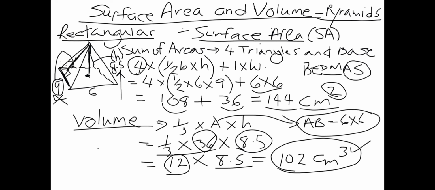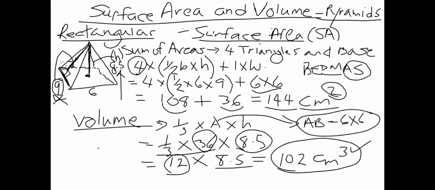You would find half the base times the height on the base, and then because you will only have 3 triangles in that case, you would use the formula half the base times the height for the 3 triangles, and that will be your surface area. And again, your volume would have been 1/3 of the area, which would have been half the base times the height if it was a triangular pyramid.